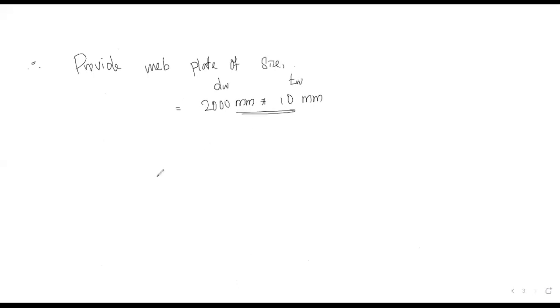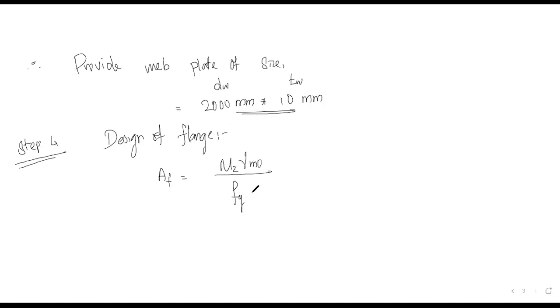Okay, let us go on with this section. Next, step 4, that is design of flange. For the design of flange, we already said the formula: Af is equal to Mz into gamma m0 divided by fy into d, where d is nothing but depth of web.